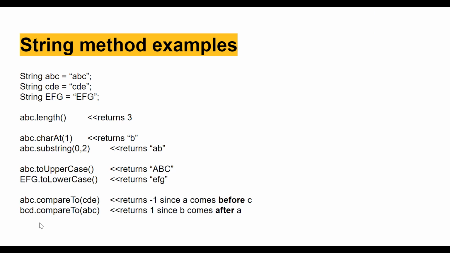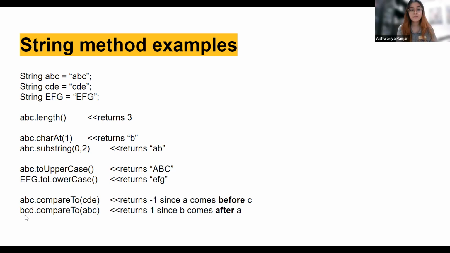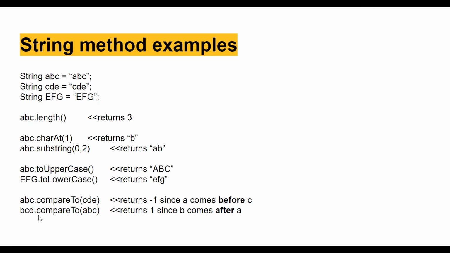A quick question about the compareTo. Let's say for the last one, BCD and ABC, let's say it's CBD compared to ABC. Is it just going to go down each index and compare each one? Oh wait, never mind, I just realized what that's doing. Yeah, so CBD compared to ABC, it would start off with the first letter.